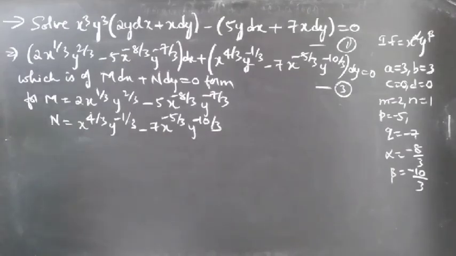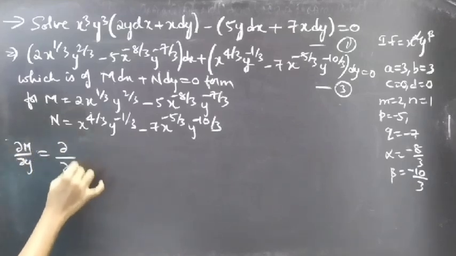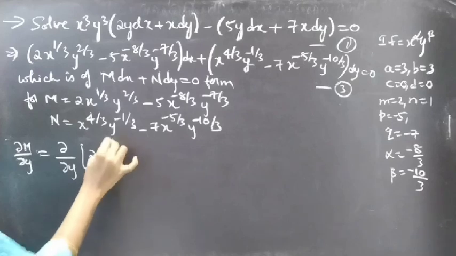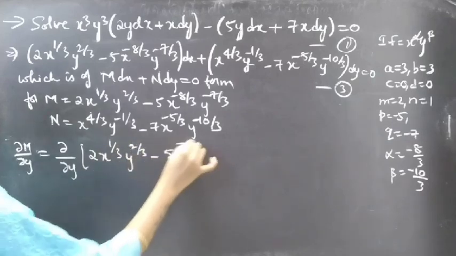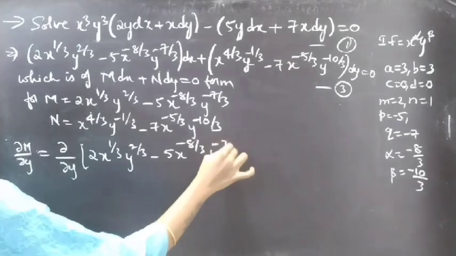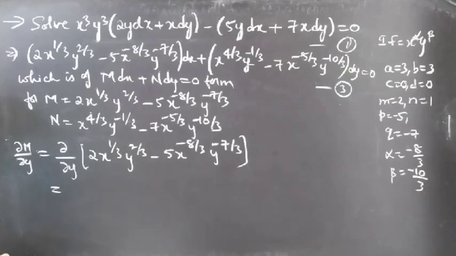I'll begin with the partial derivative of M with respect to y. Here we are finding partial derivative of terms with respect to y, so we'll treat x as constant. In the first term 2x power 1 by 3 is constant.